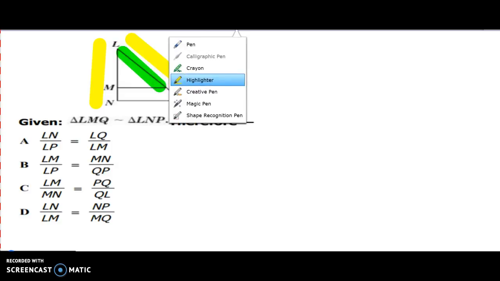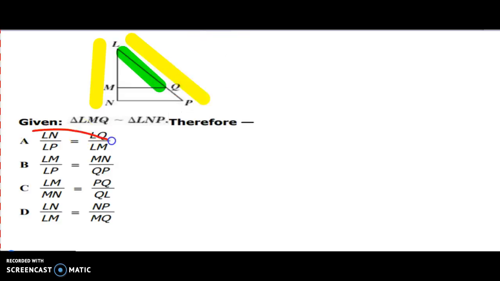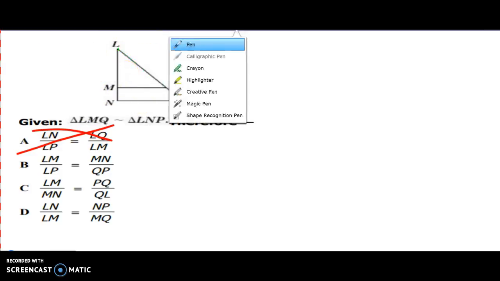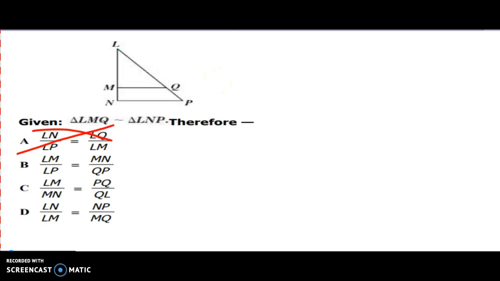So we know we can't work with that one. We know that one's false. All right, let's try another one. LM is to LP. Nope. That one doesn't look good either. Just starting off, that one doesn't look like we can compare those.